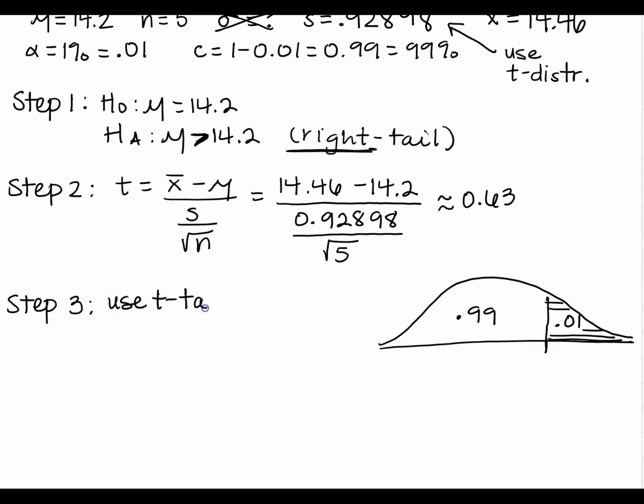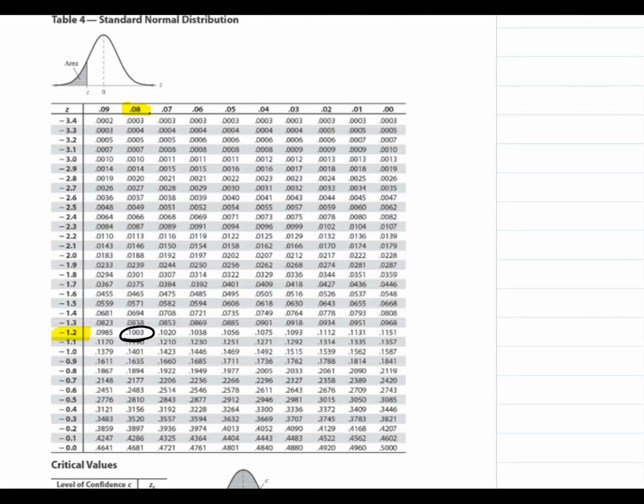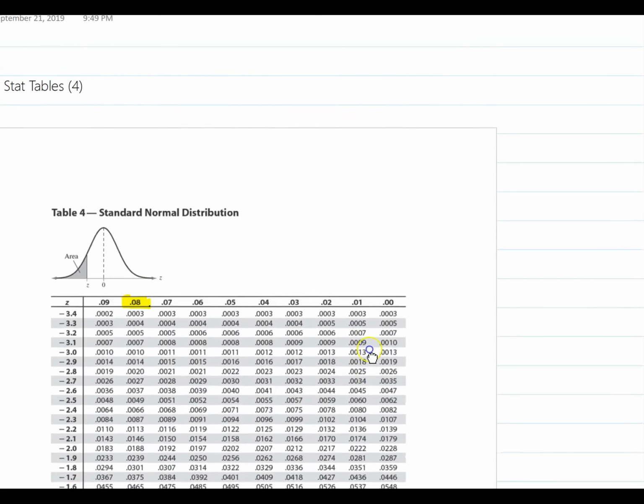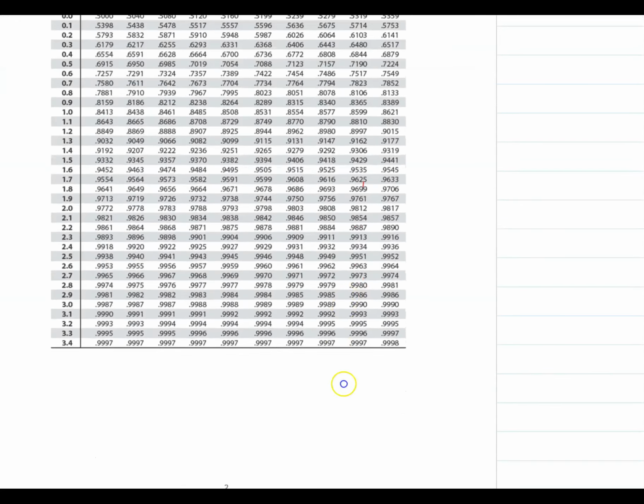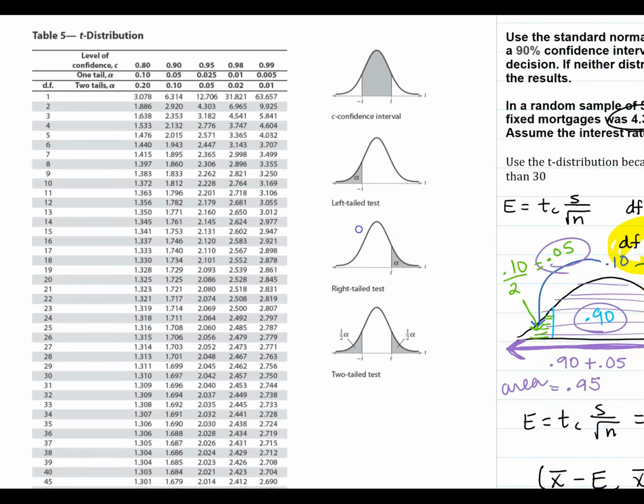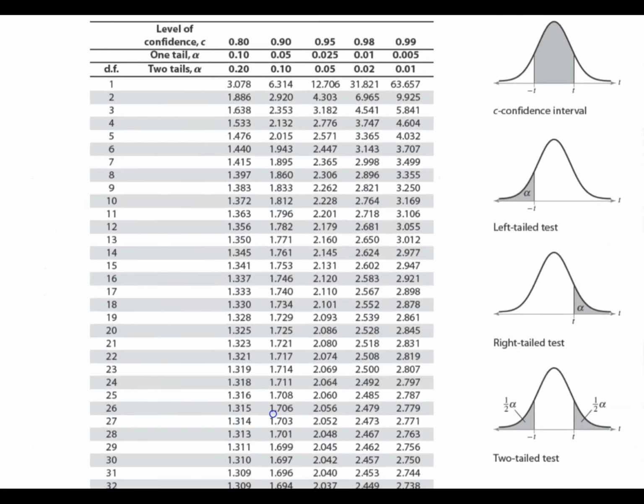And so I'm going to head over to my t-distribution table. Our degrees of freedom is equal to n minus 1. N in this case is 5. And so our degrees of freedom is 4. And this is a right tail test. So now heading over to our statistics table and scrolling down until we get to the t-distribution table.